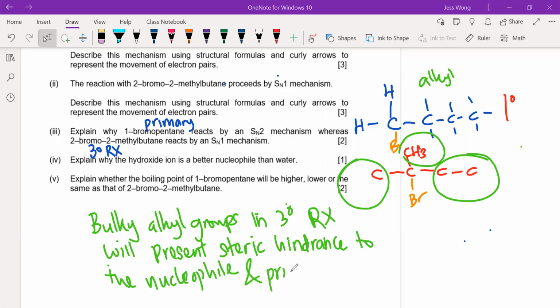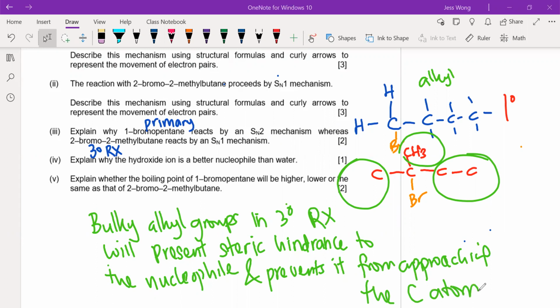And it prevents it from approaching the carbon atom. Now, which carbon atom are we talking about? We are talking about this carbon atom here, this one, right?